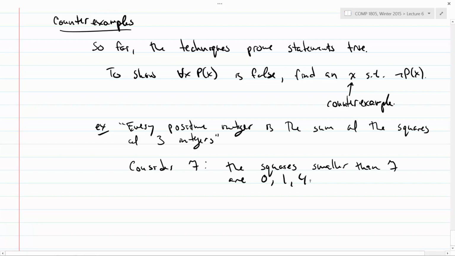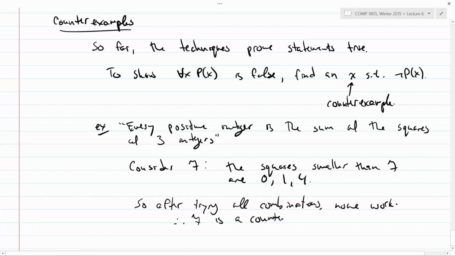So it can't be 4, 4, and 4 because that's 12. It can't be 4, 1, and 1 because that's 6. It can't be 4, 1, and 0 because that's 5, and so on. So after trying all combinations, you'll find that none work. Therefore, 7 is a counterexample.